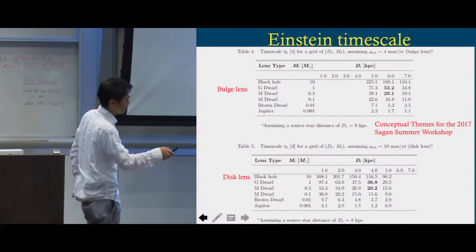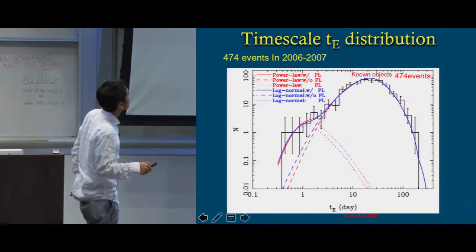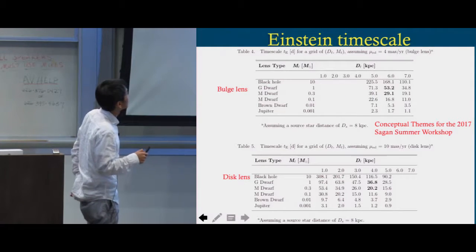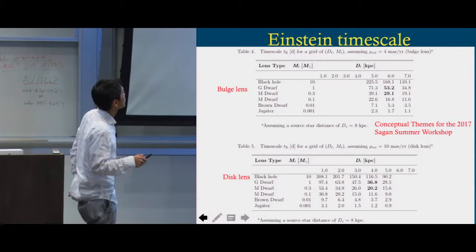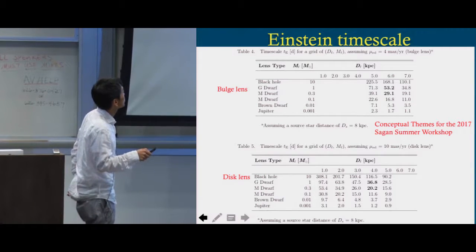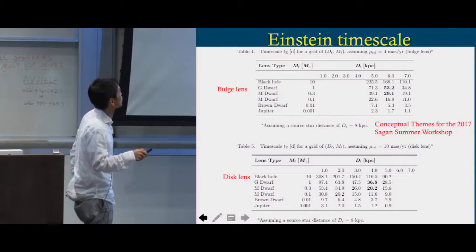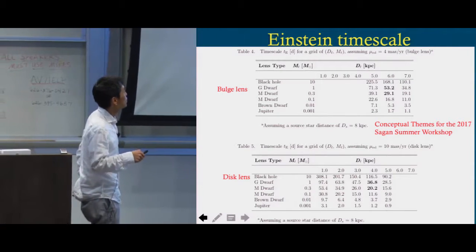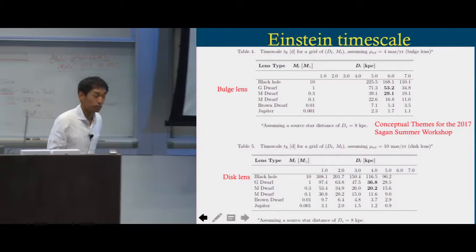So if you see Table 4, which shows the case of the bulge lenses, at a distance of 6 kiloparsec, the Einstein timescale is about 30 days for the 0.3 solar mass M dwarfs, and it's 16 days for the 0.1 M dwarfs, 5 days for the brown dwarfs, and 1.7 days for the Jupiter mass.